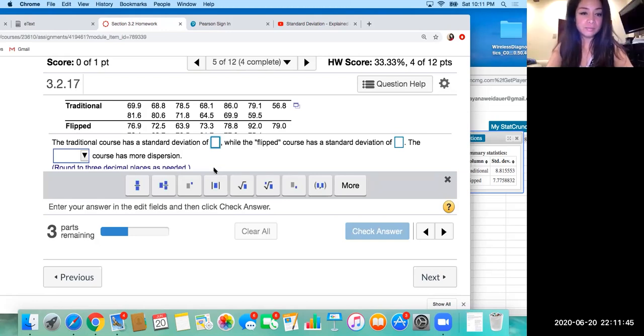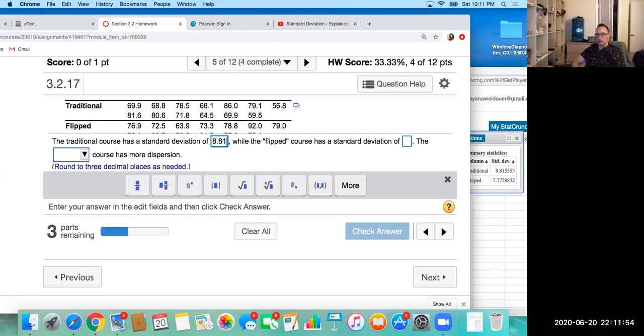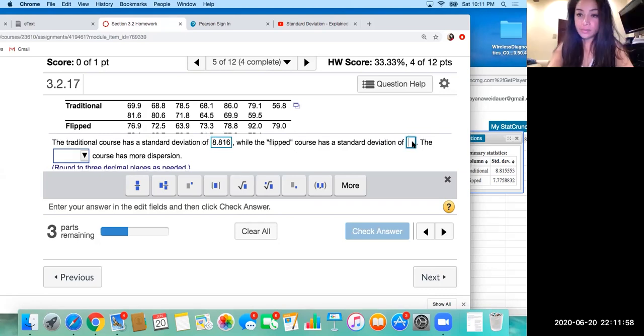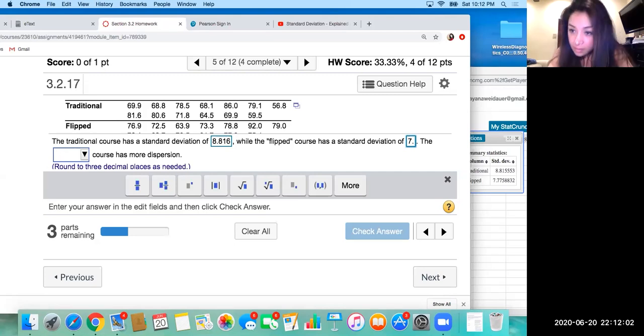How many decimals? Round to 3 decimals. Okay, 8.816. Yeah. The flip is 7.776, right?